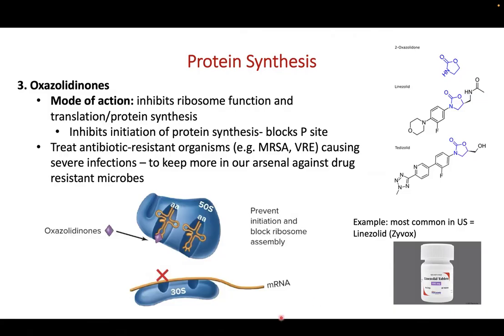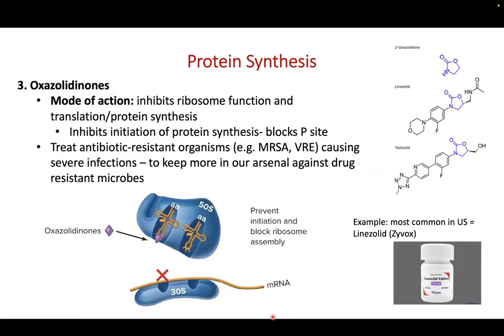So basically, down here, this antibiotic comes in and blocks the P site. So even if the transfer RNA comes here, it blocks the P site, preventing the binding of the 30S to the 50S. Finally, there's no reading of mRNA at all. And this antibiotic is responsible for treating antibiotic-resistant organisms causing severe infection.